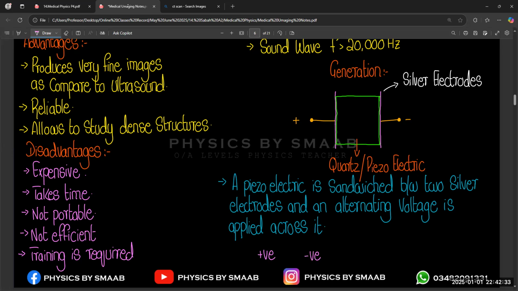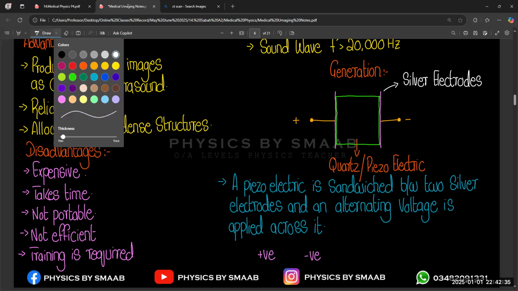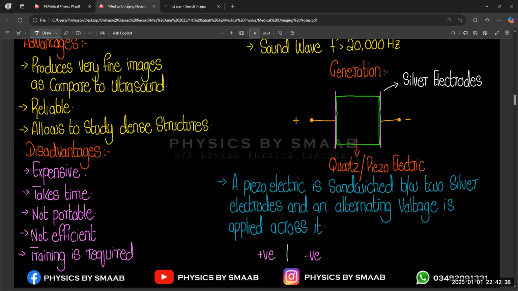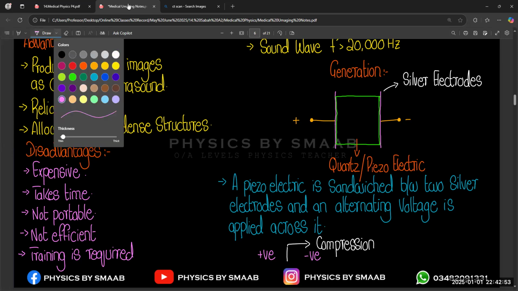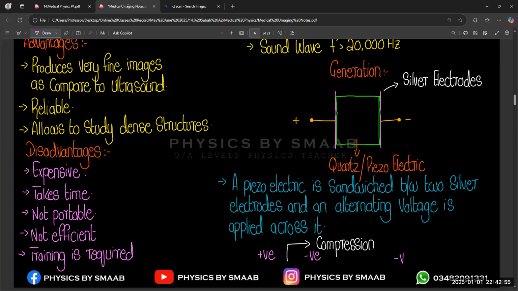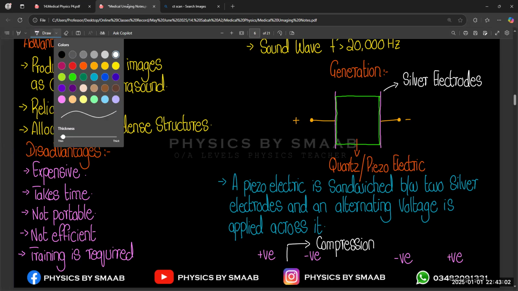So in this scenario, let's suppose we get compression, where the material's particles come close together. And when the direction changes, with negative on the left side and positive on the right side, it expands. So in this way, it starts to vibrate.